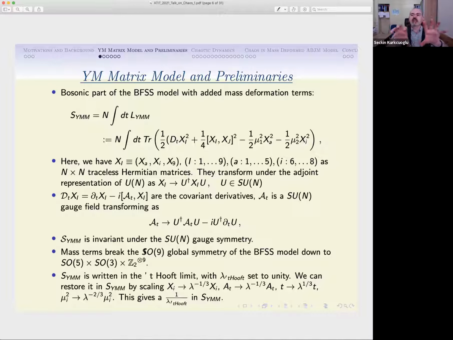So fuzzy spheres are like big blobs of matrices which allow you to probe chaotic dynamics in a somewhat simplified manner rather than the full matrix theory itself.